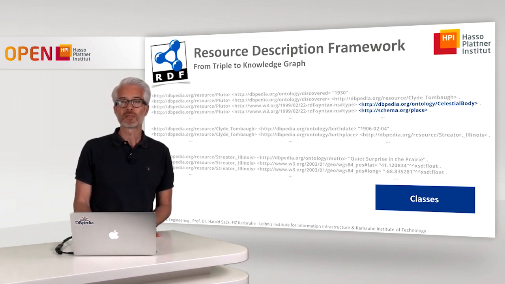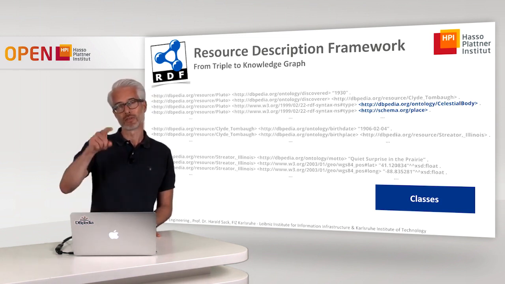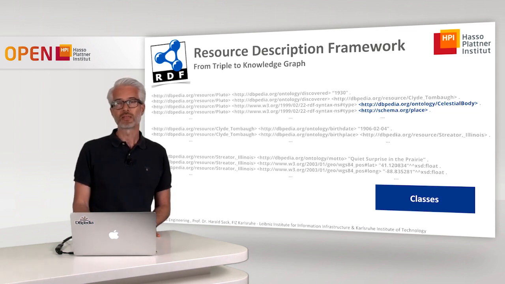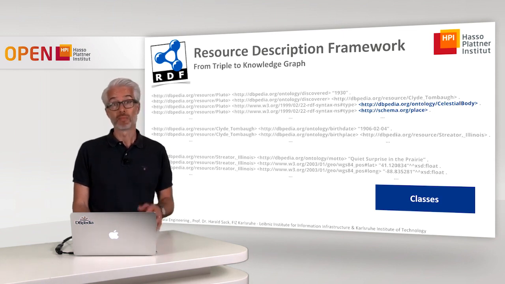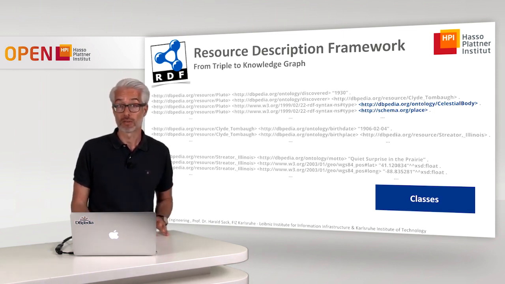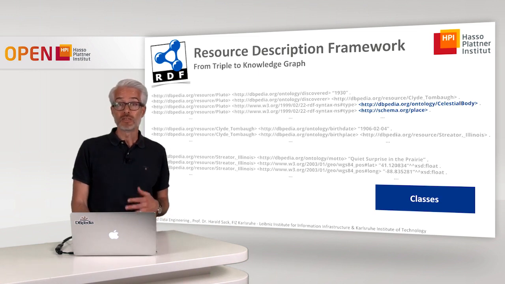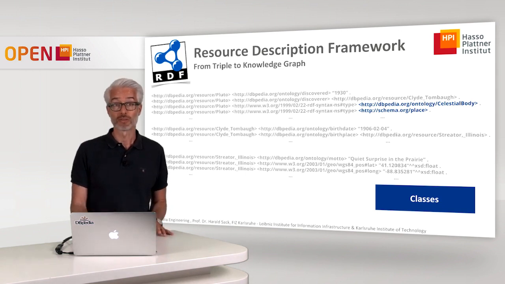And what you see here, for example, is that you have different URIs. So the celestial body we take from DBpedia, or the place we take from schema.org, which is another interesting vocabulary issued by the major search engine companies, for example, Google, and which can be used to express knowledge. So this is a class with places, so with geographical locations. Interesting thing.